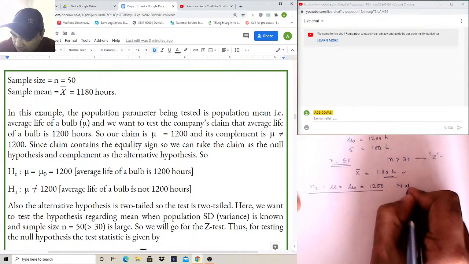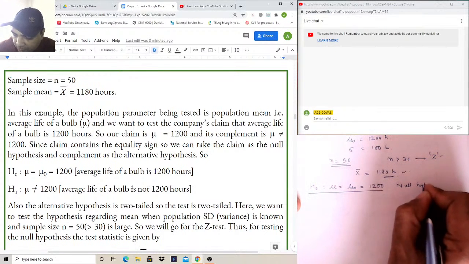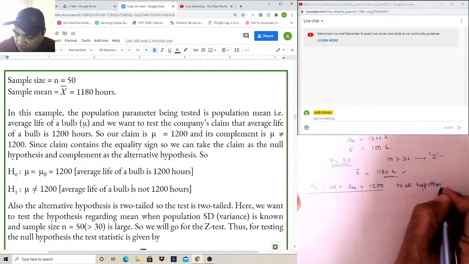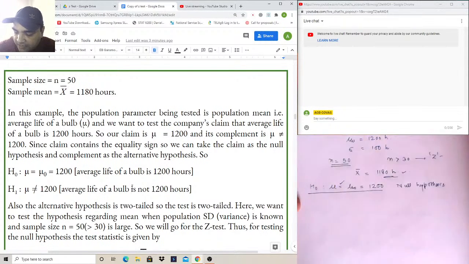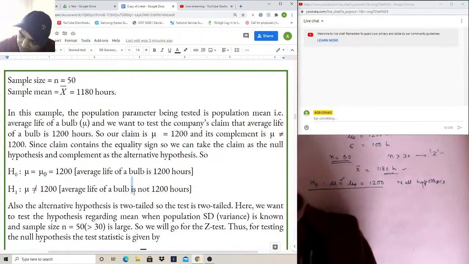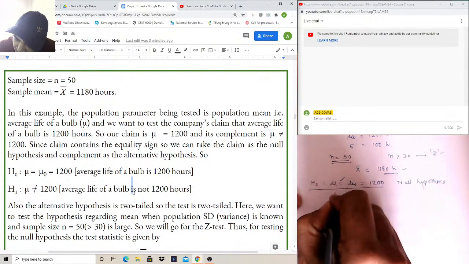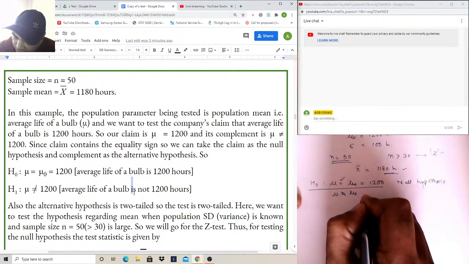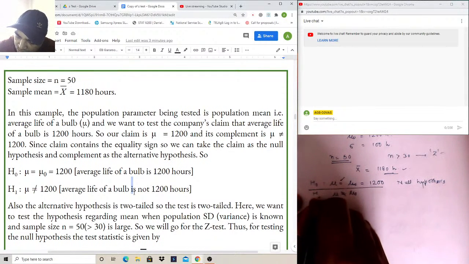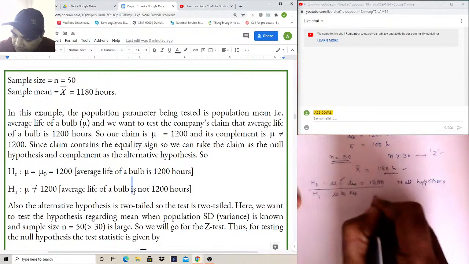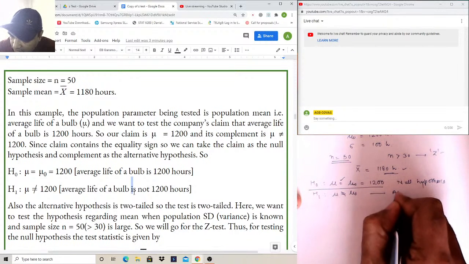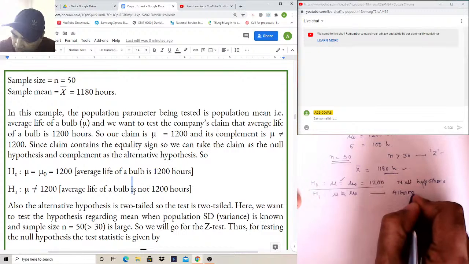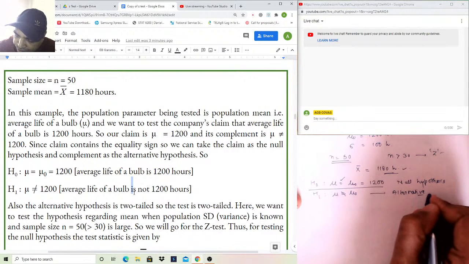Why is this a null hypothesis? Because there is an equality sign. And its complement, that the mean is not equal to 1200, constitutes the alternative hypothesis.